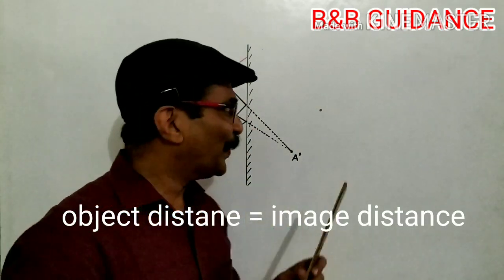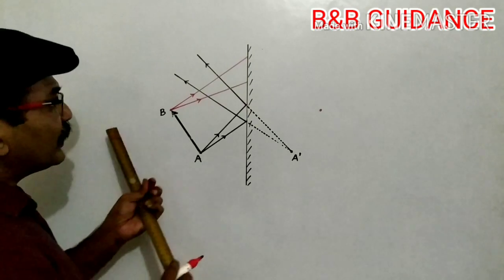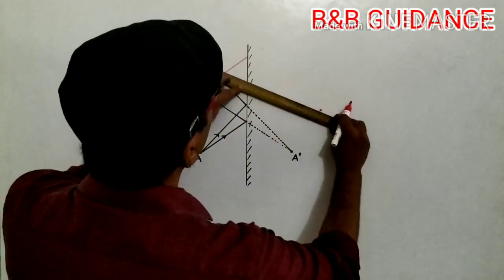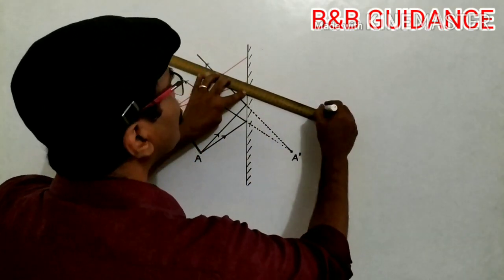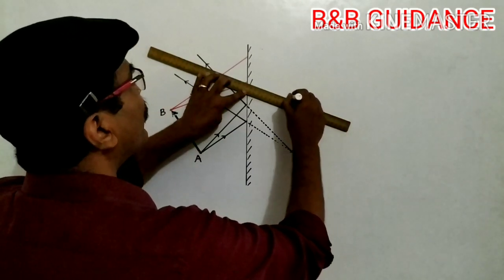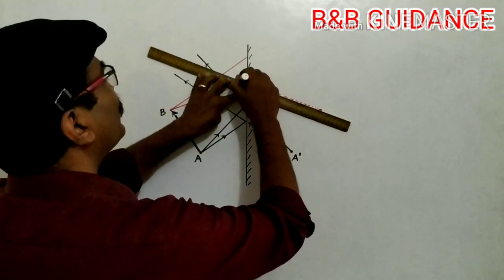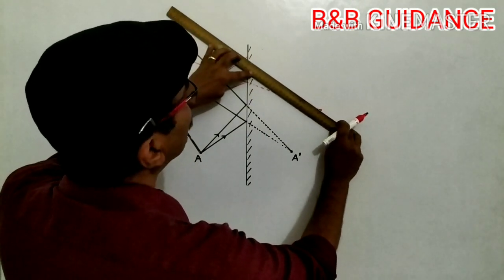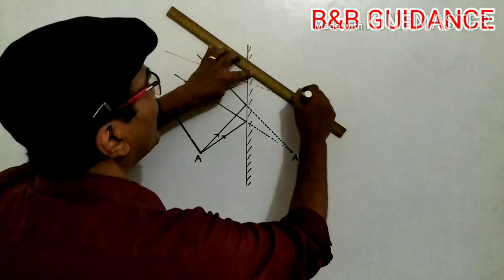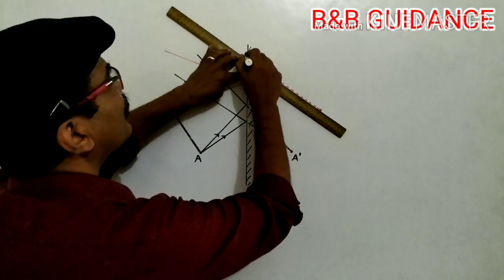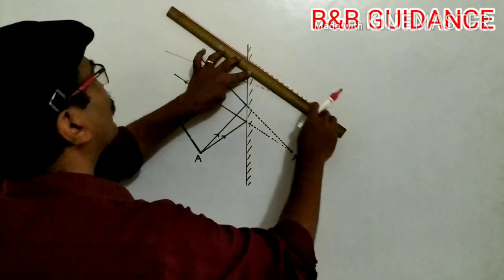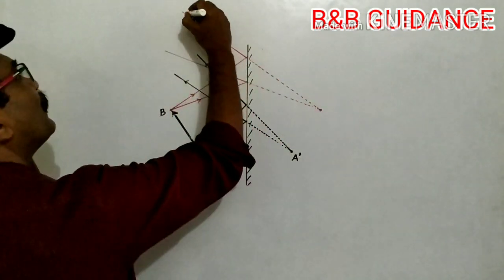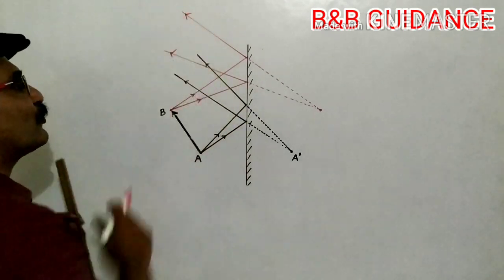That's it. Okay. And then the reflected rays. See? Broken line, continuous line. Broken line to here, then continuous line. Okay, so the reflected ray is also drawn.